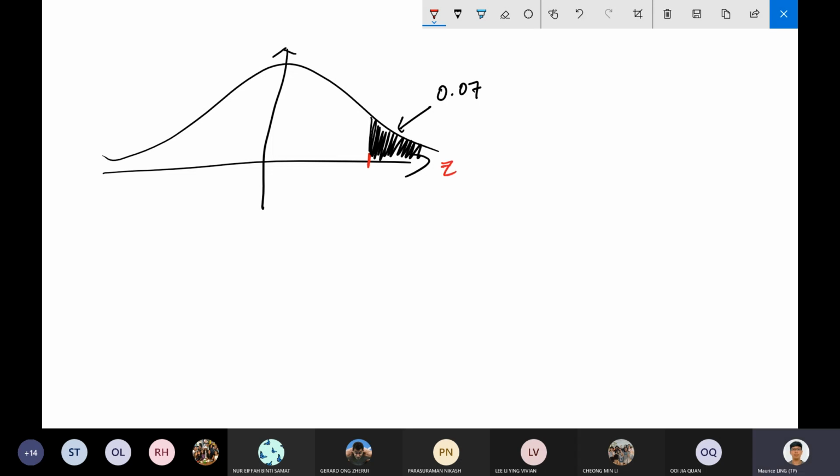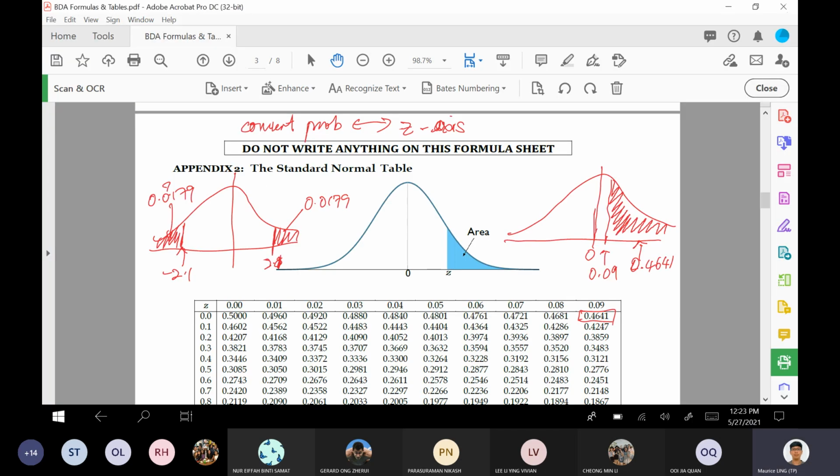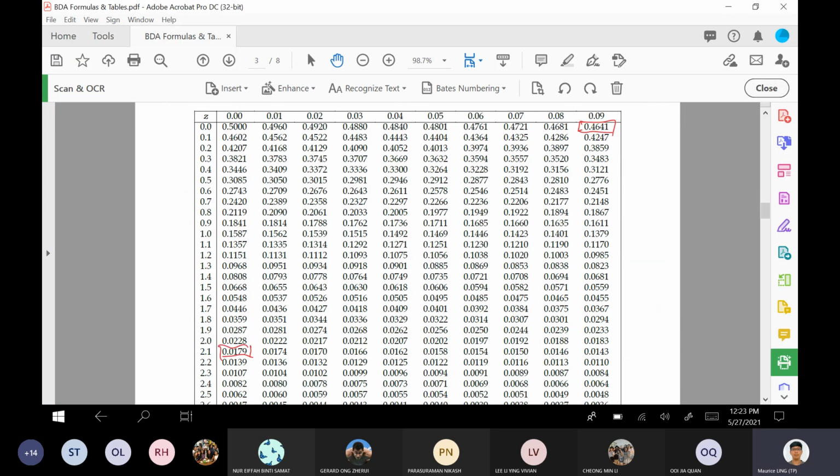I want to find out what this point on the z-axis is. How do I find out? What I will do is go to the table and look for 0.07 in here. So 0.07, 0.06. So this is the closest, so you take the next one, which is here.